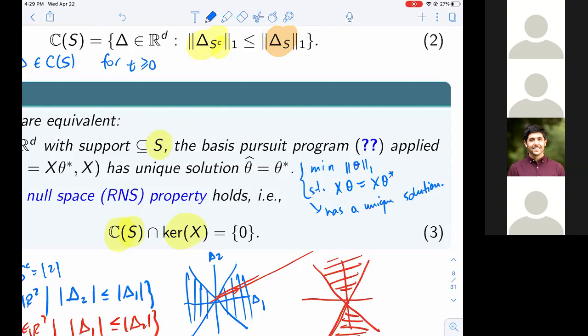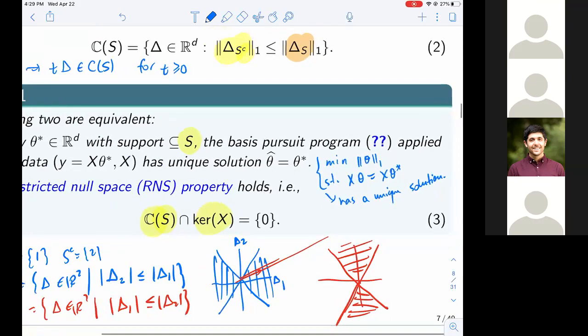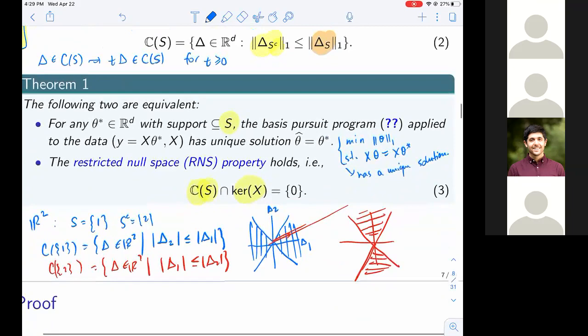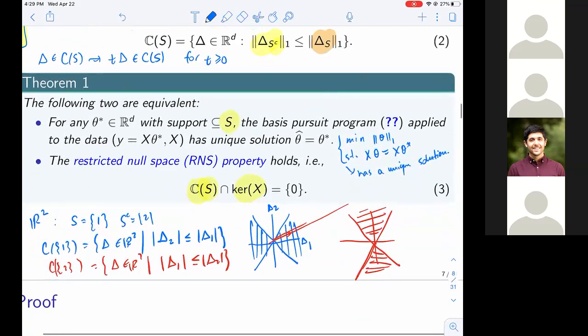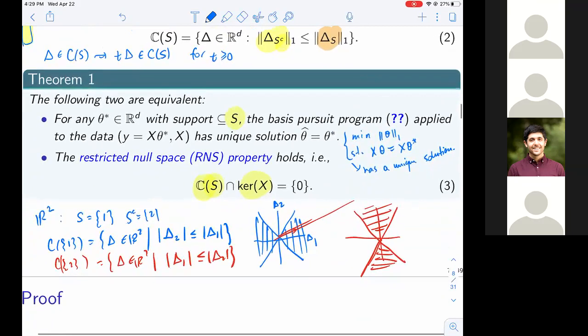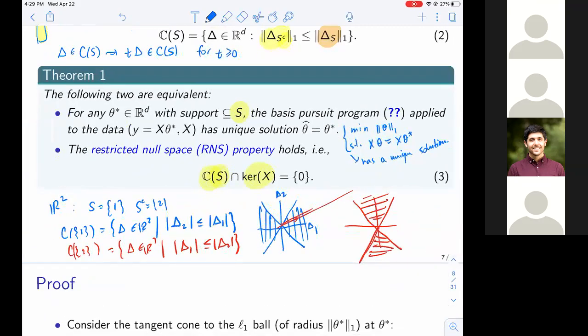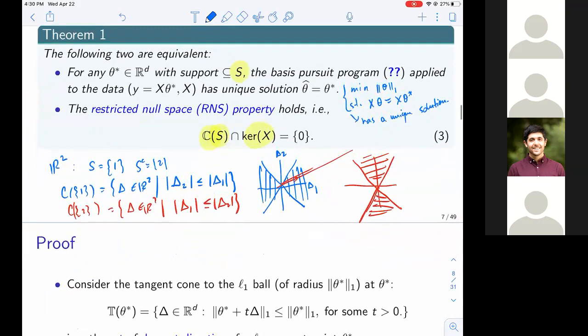Maybe in the proof you'll see why the solution would be unique. But think about this. This is exactly what you want. Okay. Other questions?